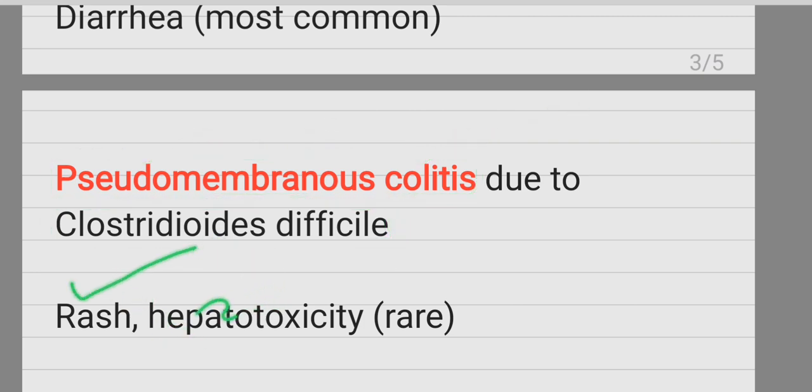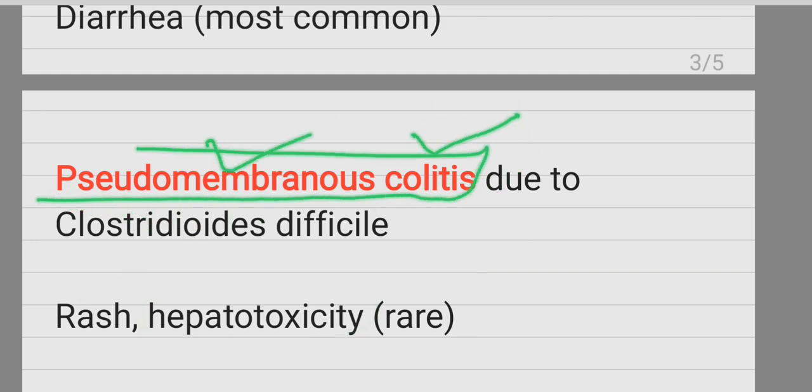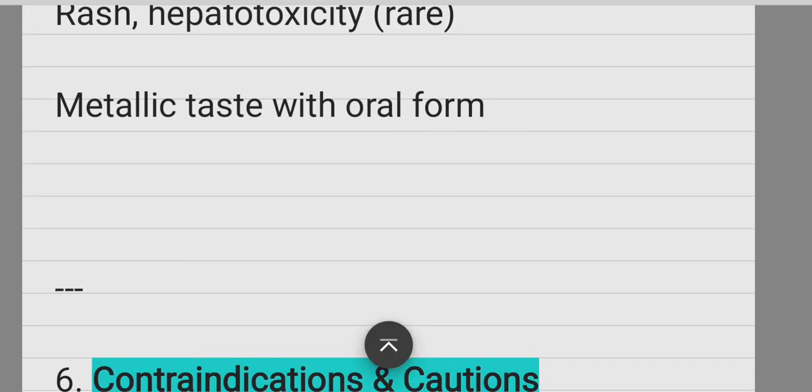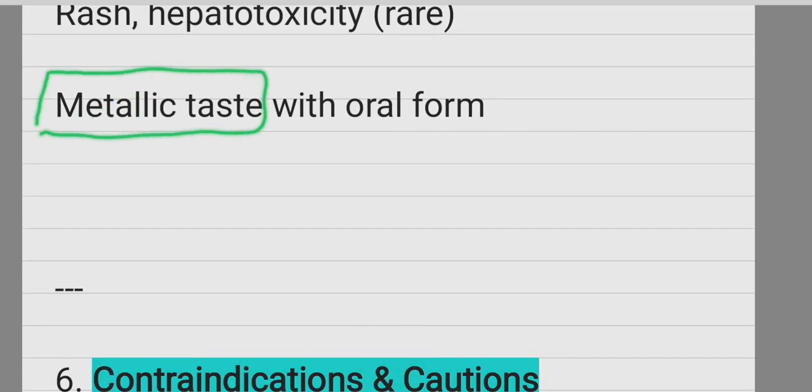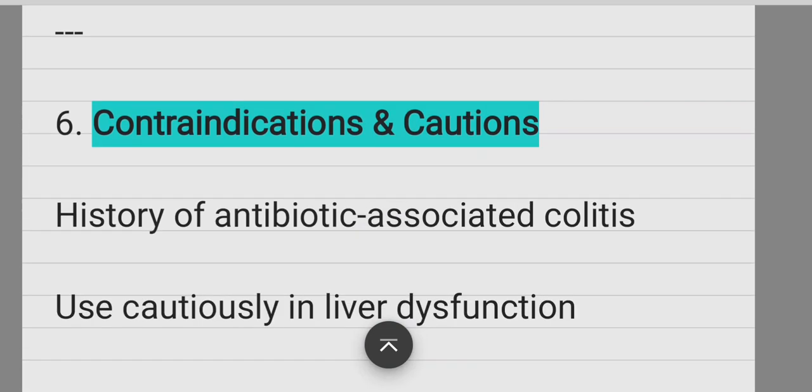Other side effects are rash and it is also hepatotoxic, but these side effects are very rare. Pseudomembranous colitis is a very important side effect of clindamycin. A metallic taste can be seen with clindamycin.